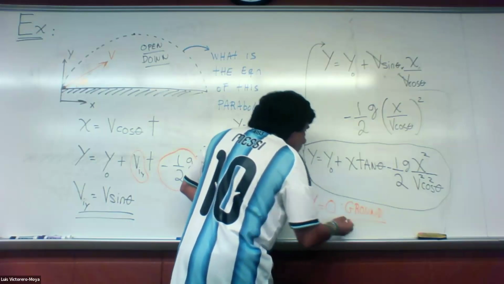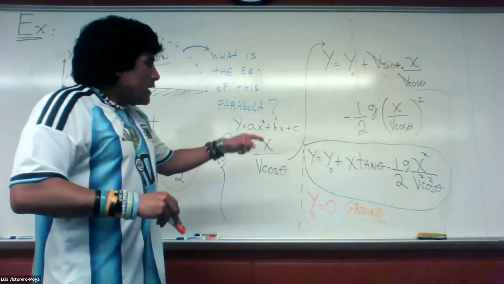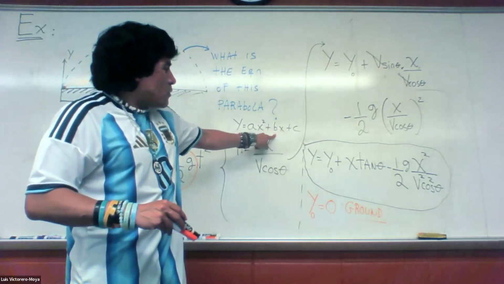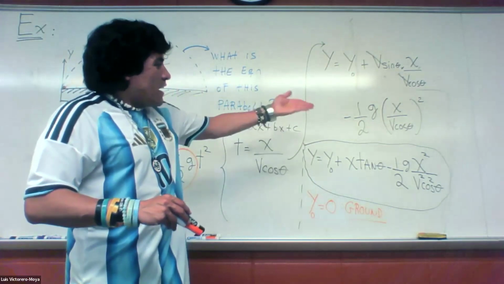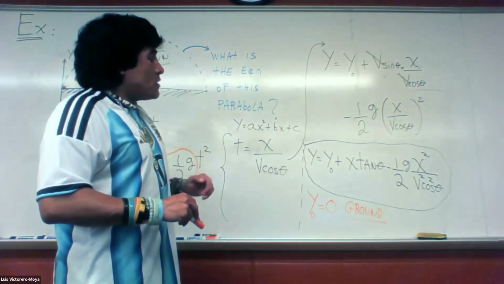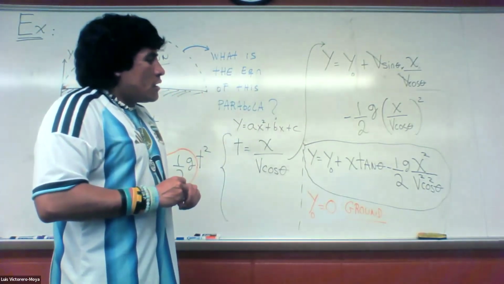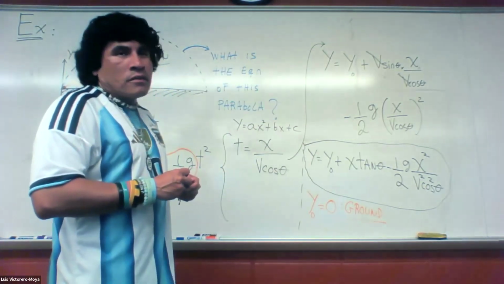All right. X tangent of theta, so b, that's your linear coefficient. And your quadratic coefficient, though, now is a, negative 1/2 g over v squared cosine squared theta.